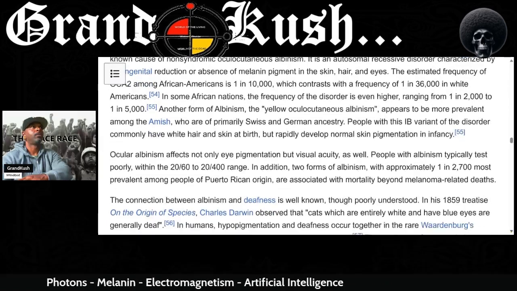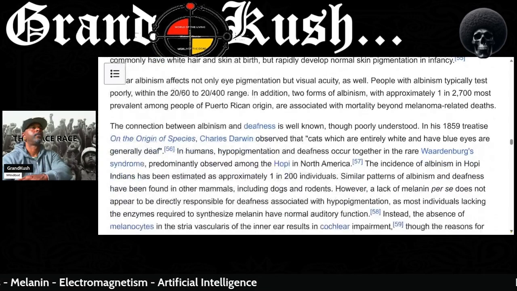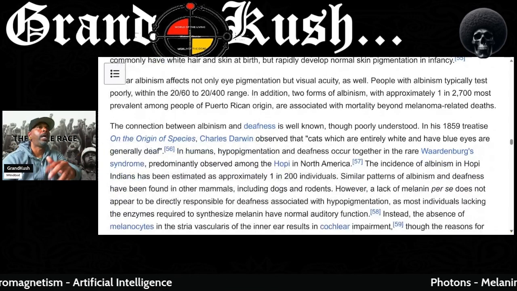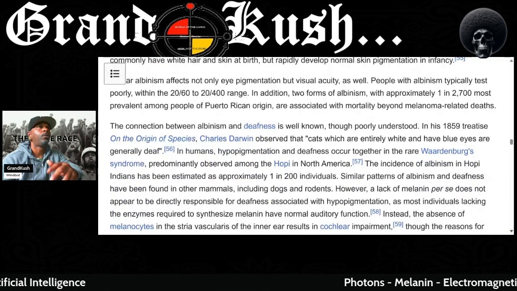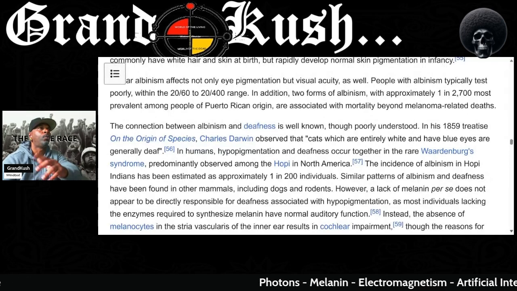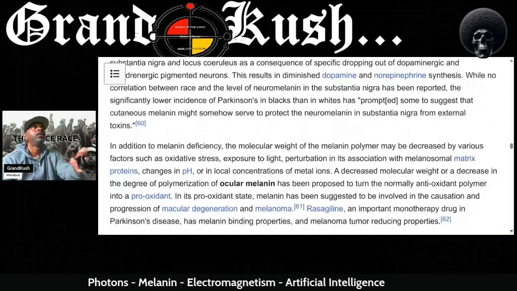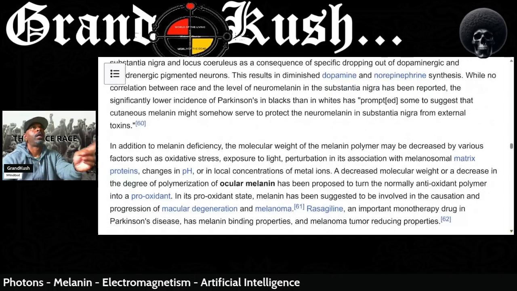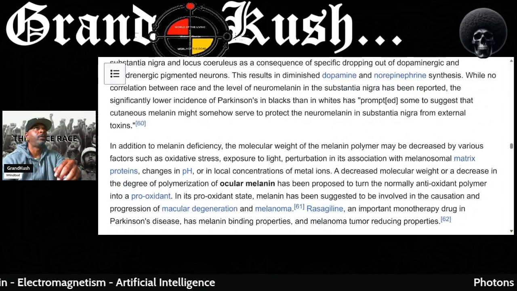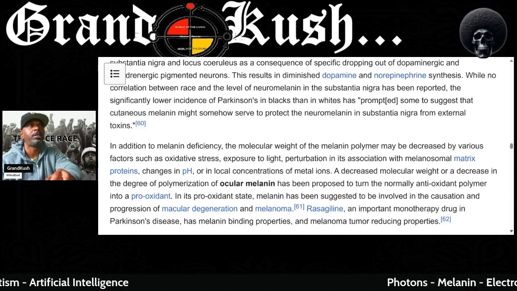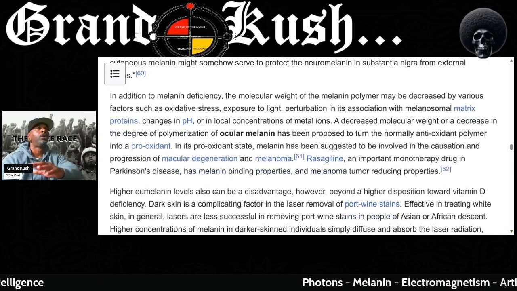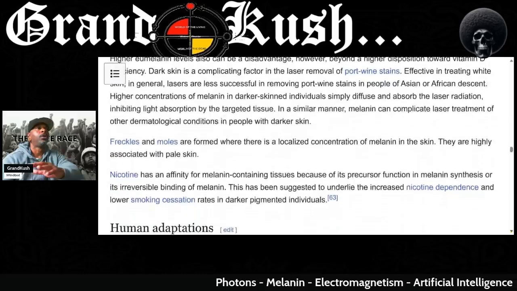There's another one, SLC24A5, or something like that. This causes albinism. The dopamine, norepinephrine, however you say that. All of this stuff is important, right? The lesser degrees of the melanin.